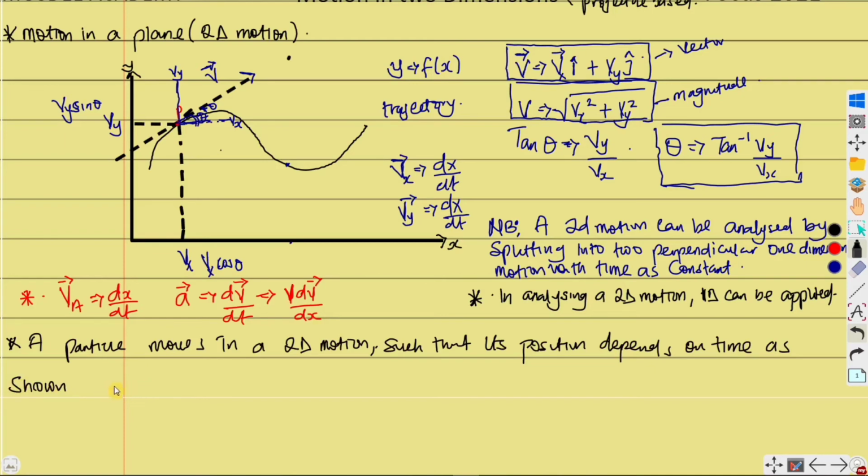So we have the position. The equation was given to be x equals 4t squared plus 2t plus 3.